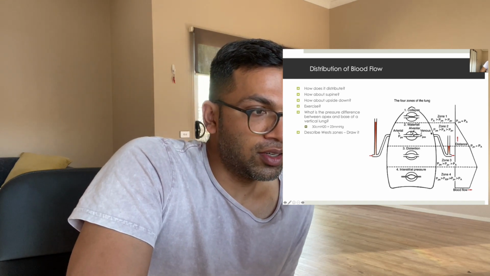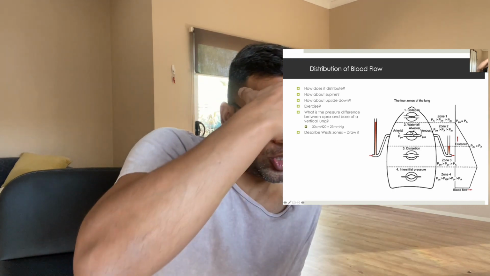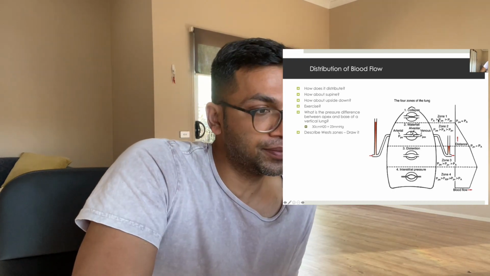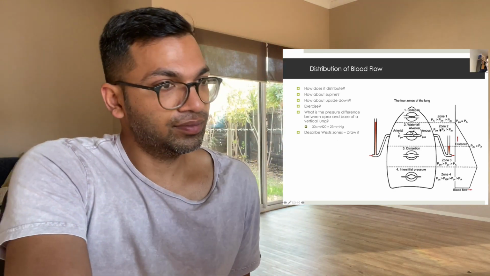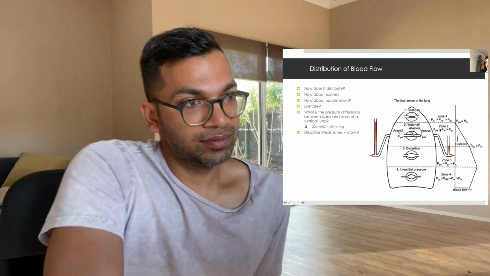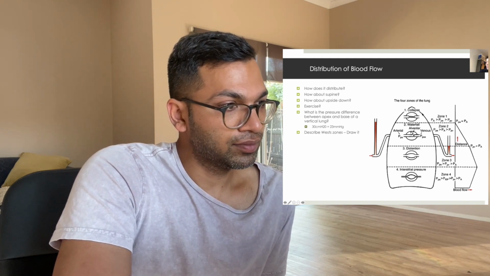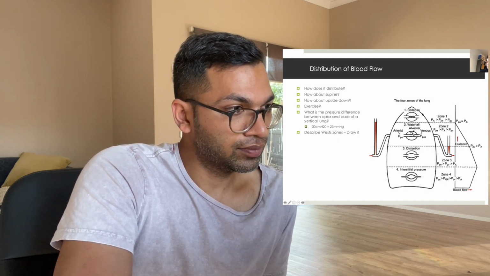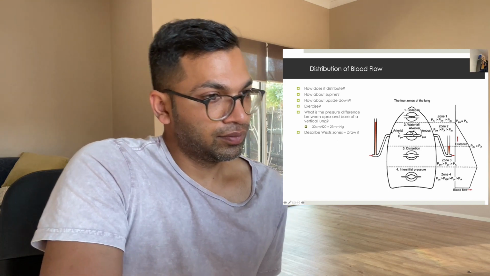Next person along, Luke, how does it distribute? We've said how it distributes. What happens in the supine lung? When you transition from the erect position to the supine position, there's a reduction in the hydrostatic gradient between the dependent and non-dependent lung, and that's because the distance between the anterior-posterior dimensions of the lung is less than the apex to base in the erect position.